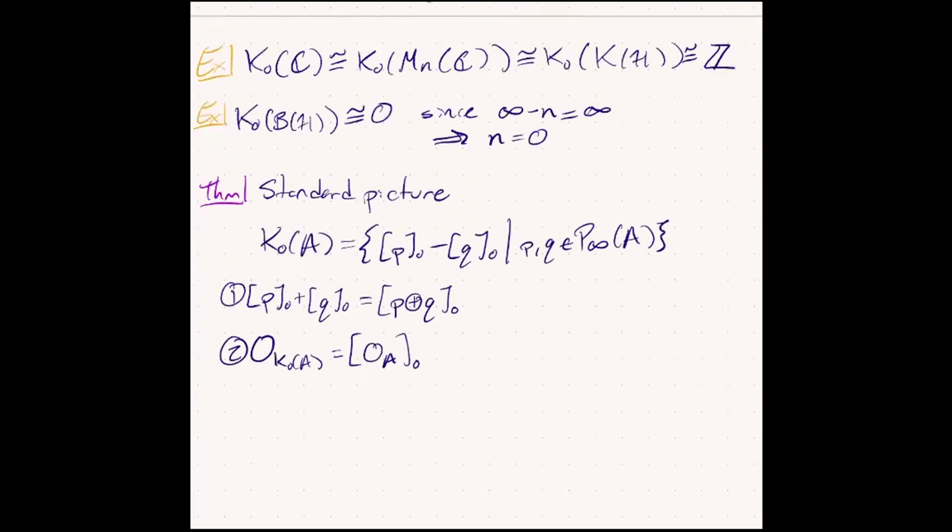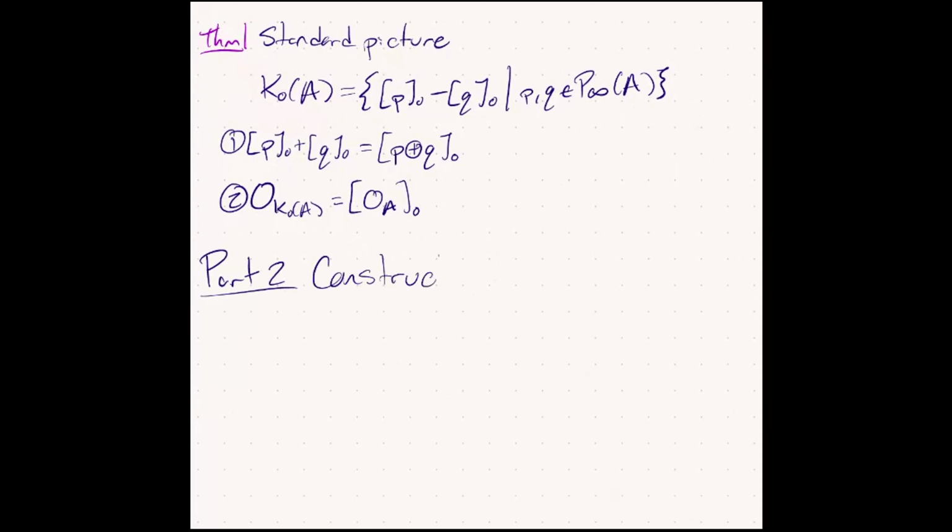Now, for constructing the other K group, okay, so in our construction for K0, I needed to restrict to A being unital.